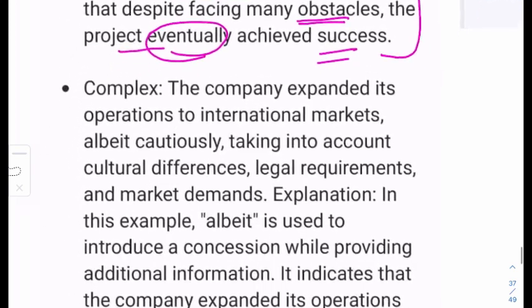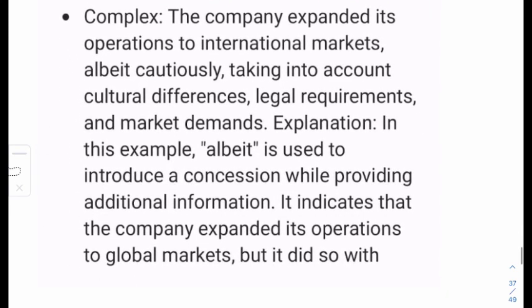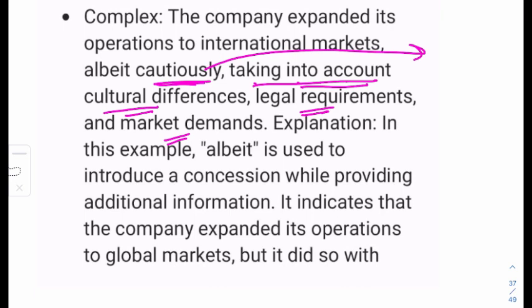Okay, now the complex one. The company expanded its operations to international markets, albeit cautiously. There it was reluctantly, here cautiously, very carefully, taking into account, this is 9 band, cultural differences, legal requirements and market demands.